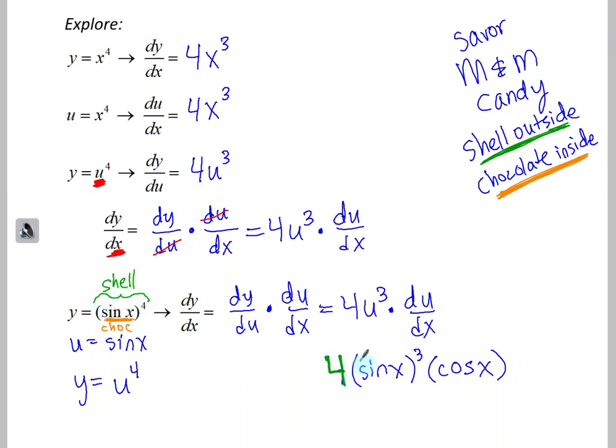So that would be the 4 times whatever's inside cubed. That part is just eating the shell. Notice we did not touch the chocolate, it stayed the same. Then when we get to the chocolate, that's taking the derivative of that part. That's going to be this part, taking the derivative of the inside, cosine x. This part right here, that's our chocolate. Looking at the chain rule like an M&M candy is kind of fun. Not necessary, but something fun to think about.